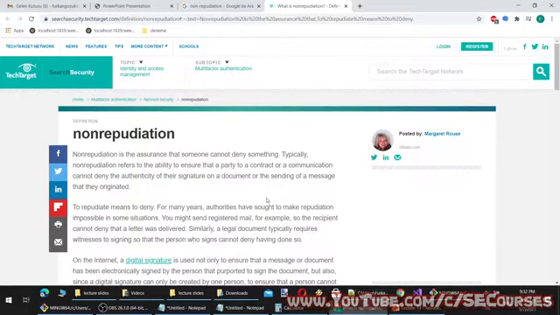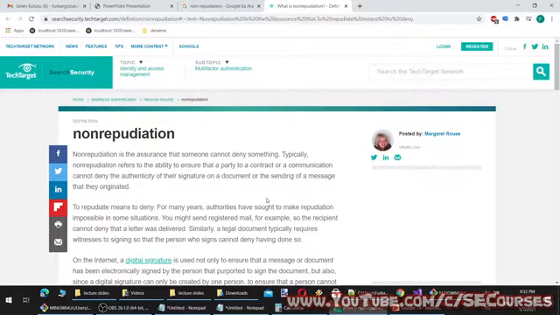Non-repudiation is the assurance that someone cannot deny something. Typically, it refers to the ability to ensure that a party to a contract or a communication cannot deny the authenticity of their signature on a document or the sending of a message that they originated. To repudiate means to deny. For many years, authorities have sought to make repudiation impossible in some situations.